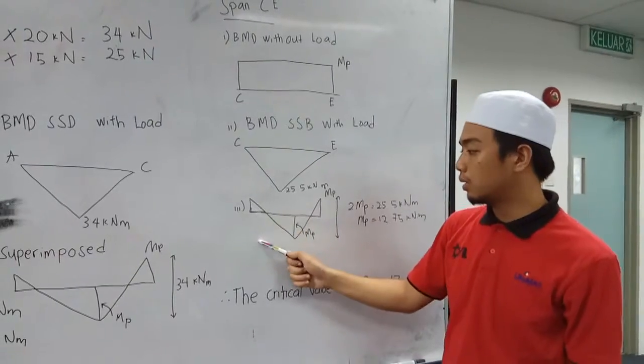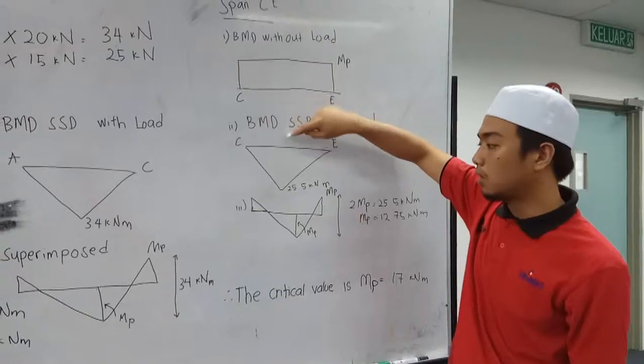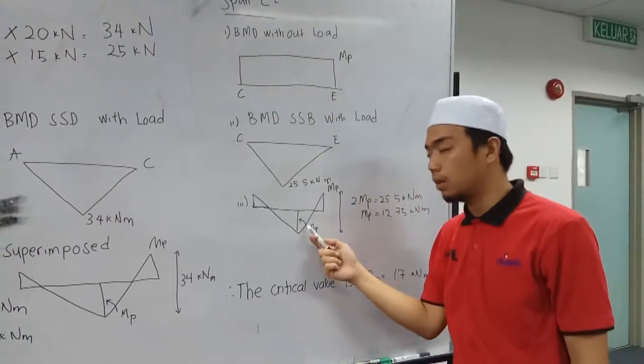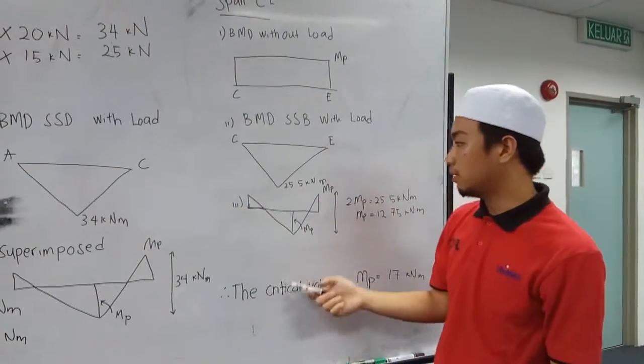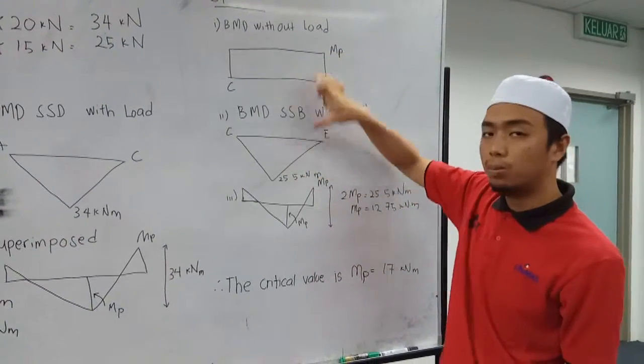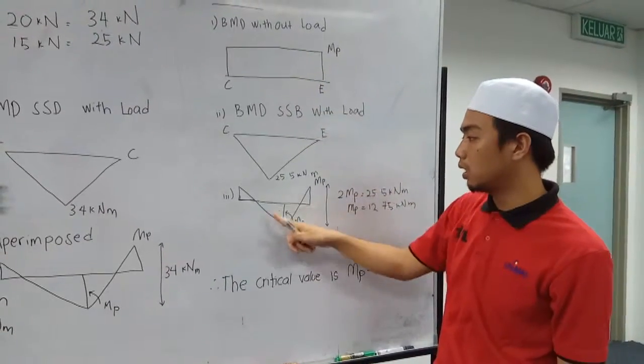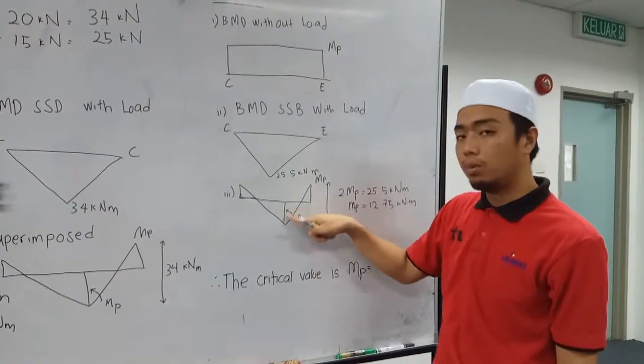And the third one is we superimpose the first step and the second step, and we will get a shape like this. We still have two MP because when we superimpose this shape, we have the constant shape, which is 1 MP here and 1 MP here.